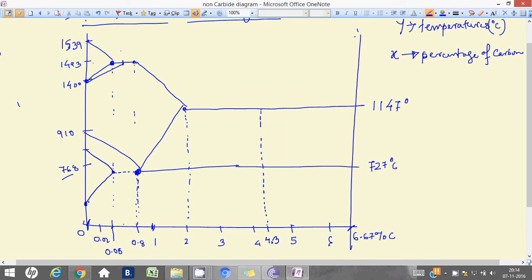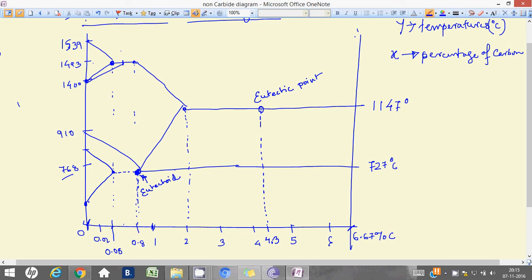This point that we have found, with this parallel horizontal line and this vertical straight line, can be called the eutectic point. And this point can be called the eutectoid point. Am I clear?